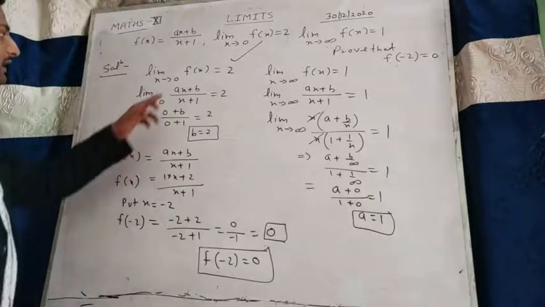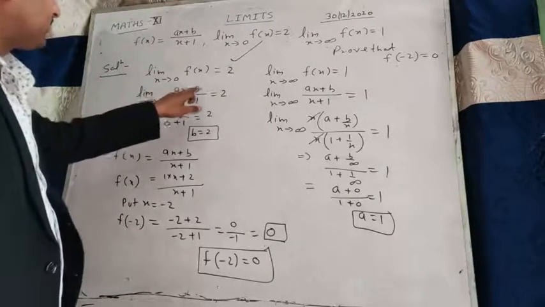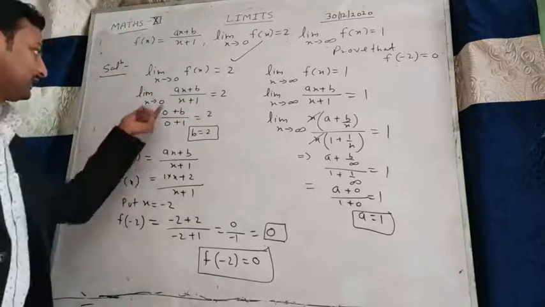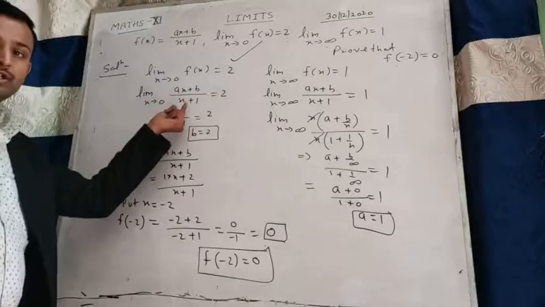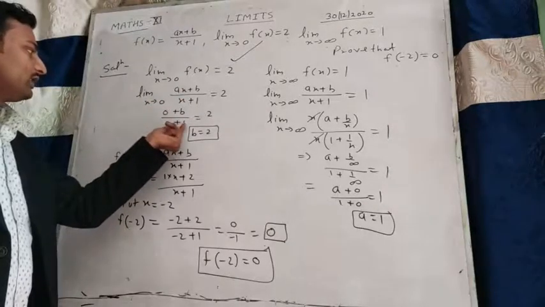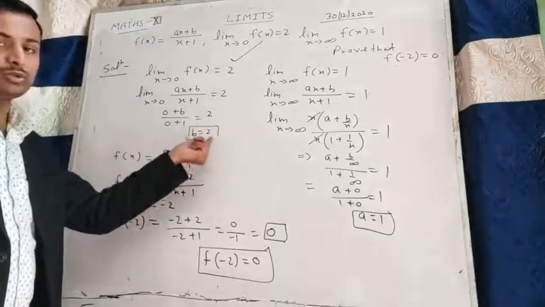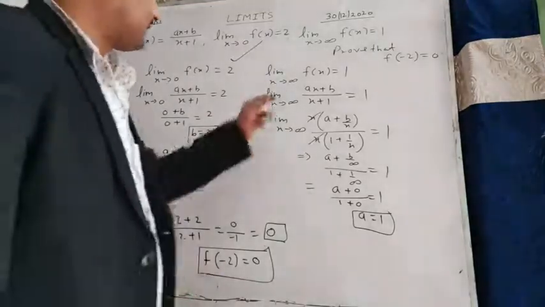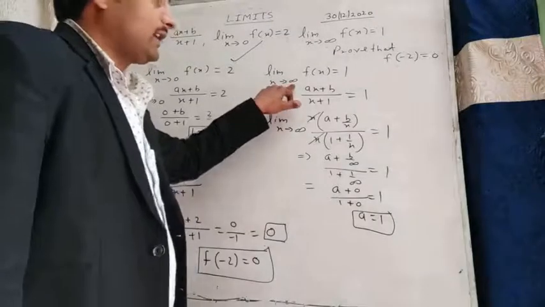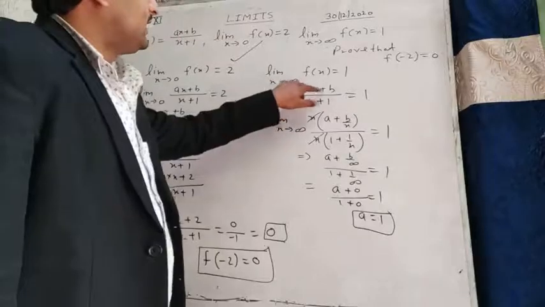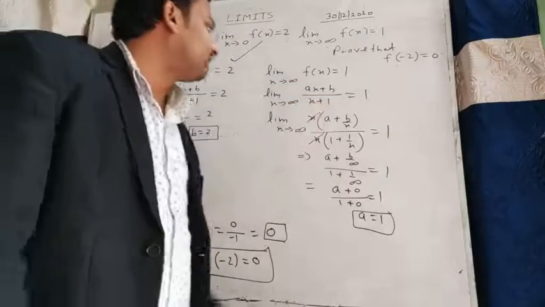Now we are putting the value of f(x), which is (ax + b)/(x + 1), which is 2, and we are substituting the value of limit 0 here. So we are getting 0 term 0, and b is equal to 2 from here. And now taking the second limit, limit x tends to infinity, f(x) is 1, limit x tends to infinity, (ax + b)/(x + 1) is 1.